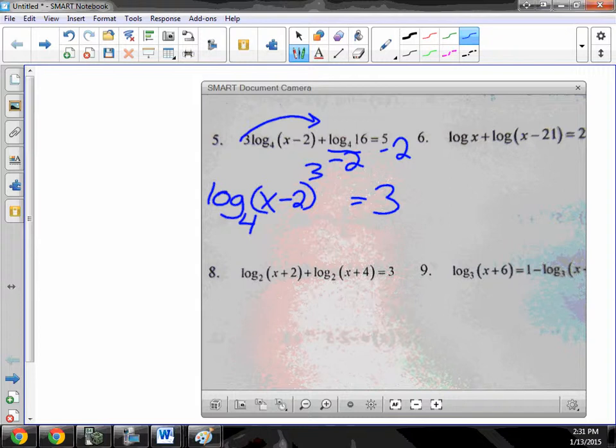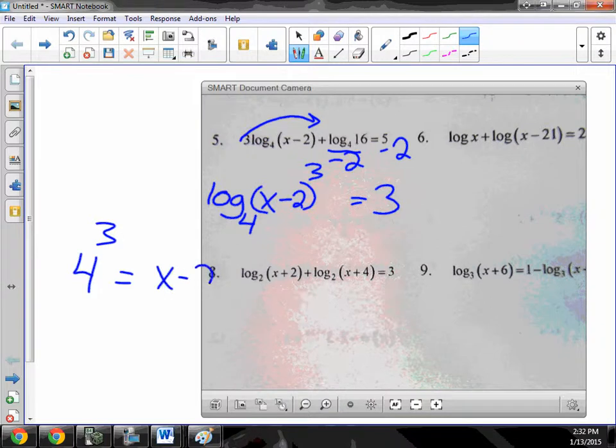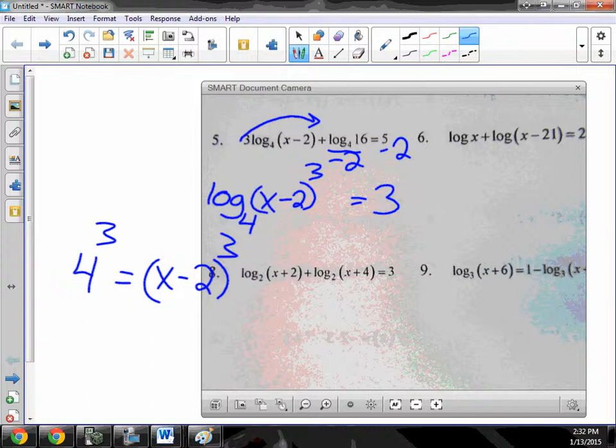Now what? Convert. 4 to the third equals x minus 2 to the third. And before you get crazy, take a look at that. This is the exponential equivalent of dropping a log, right?